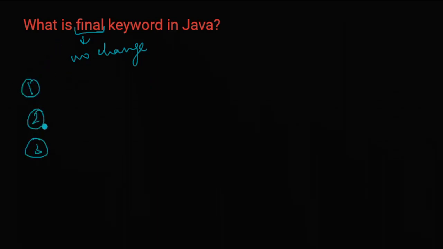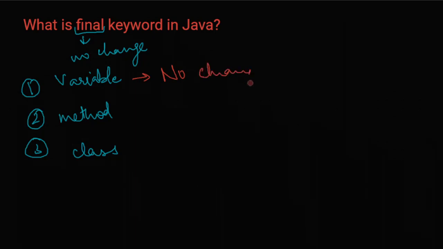Now, in Java, we can declare three things as final. First is a variable, second is a method, and third is a class. Each of them has a different effect. If we declare a variable final, that means we cannot change the value.